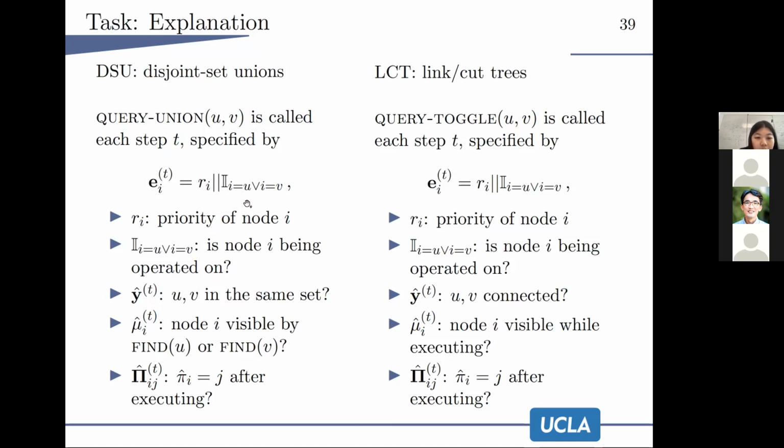The second component says whether node I is being operated on, and the first component is a priority. When they create the graph, they assign some random priority to each node, for the same reason they assigned different weights to the edges in the previous work.